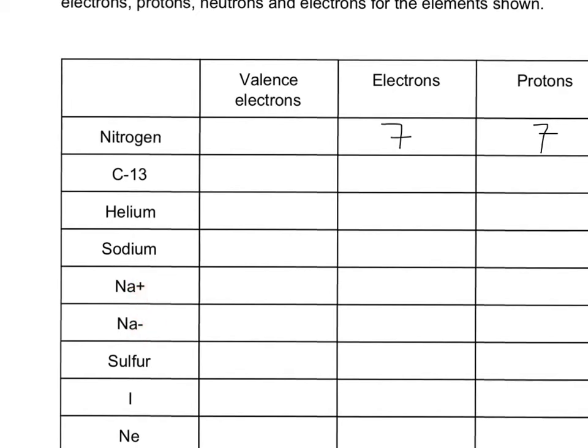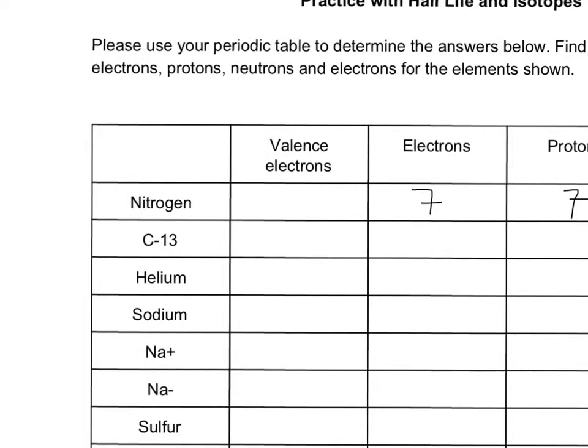Now, number of valence electrons, you have to look at the periodic table, and nitrogen is in row 2, so we're counting from the left. From the left, we have lithium, beryllium, boron, carbon, and then nitrogen. So we went 5 in from the left: 1, 2, 3, 4, 5.